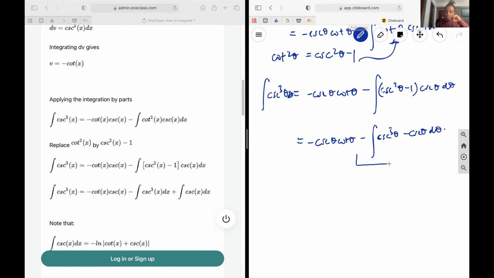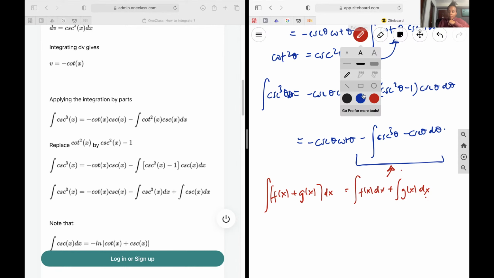Okay, and then I'm going to use another property here, and that is the fact that I can split integrals up. So let me just write that out. The integral of f of x plus g of x dx is the same thing as if I integrated them separately, the integral of f of x dx plus the integral of g of x dx. So I'm going to just apply that here to split this up.